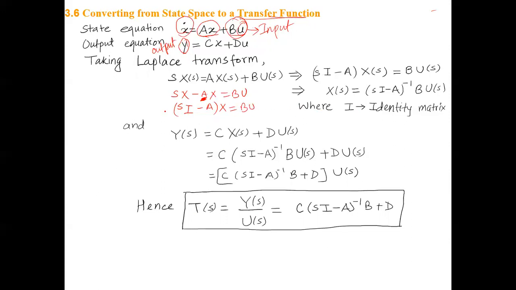So then multiply both sides by inverse of (sI minus A) on both sides, meaning you have BU here, right? (sI minus A) to the power of minus 1. Remember, you cannot put this guy here. You cannot put it here, because in matrix AB is not equal to BA.